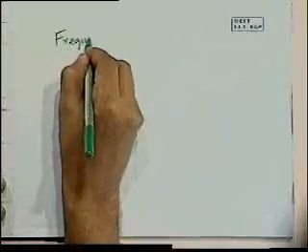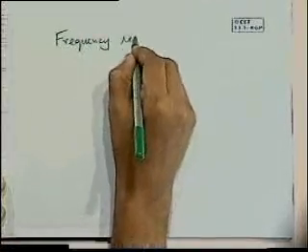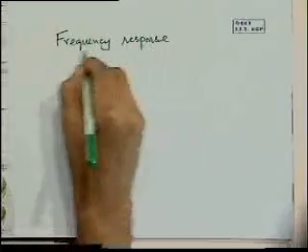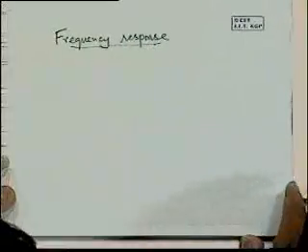Okay. Now one more thing I would like to discuss is the frequency response. Basically, what is the highest frequency at which I can get amplification? That's what this frequency response means. So for the device, up to what frequency can it be used where I can get amplification?